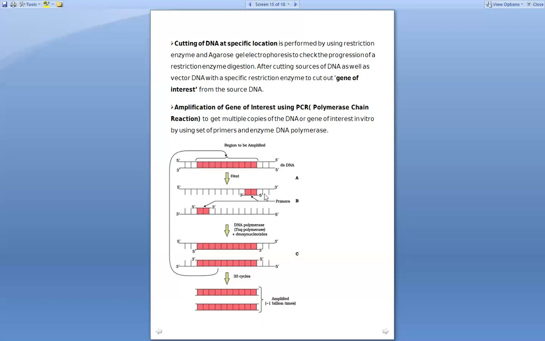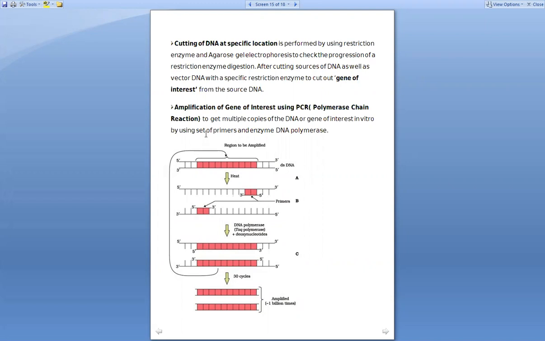The primers are small nucleotide sequences which are responsible for adding the complementary nucleotides. Once the primer binds to that particular region, the DNA polymerase can bind to that primer and continue adding the nucleotides further. This way the whole chain elongates.